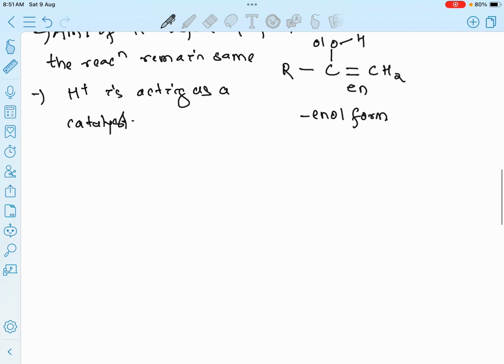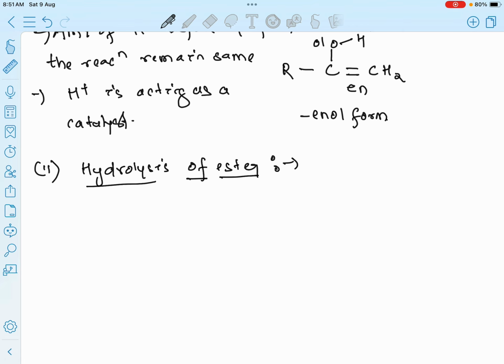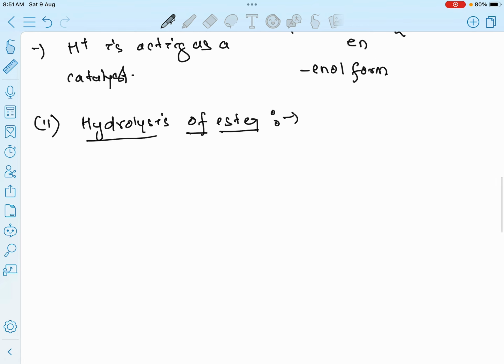Okay, similar types of examples are there, like hydrolysis of ester. What will happen? Let us take an ester.